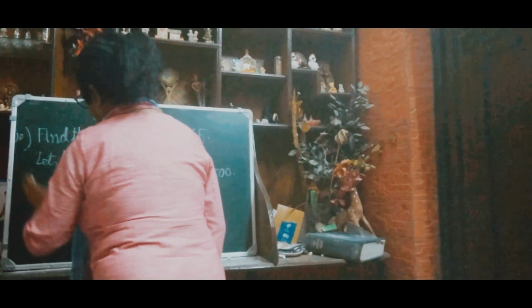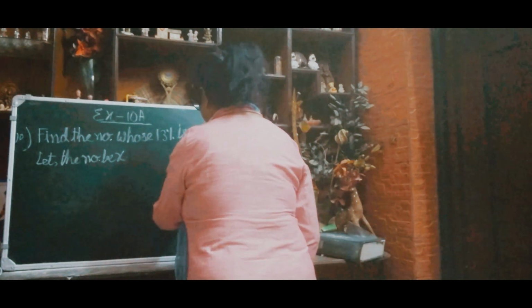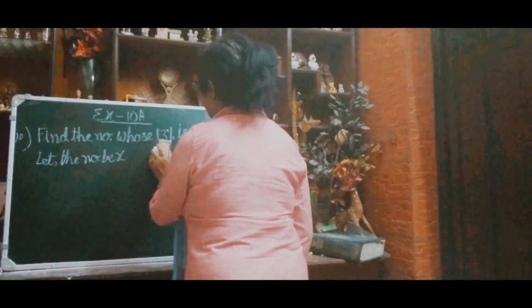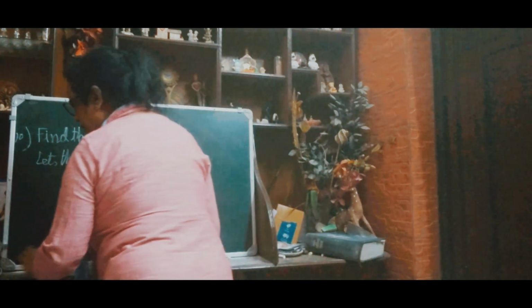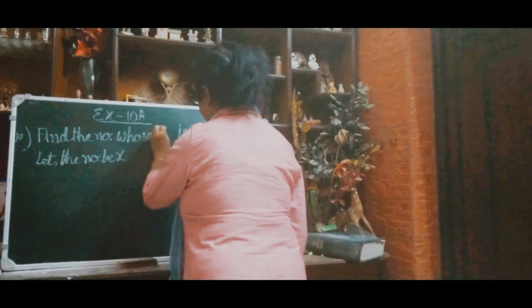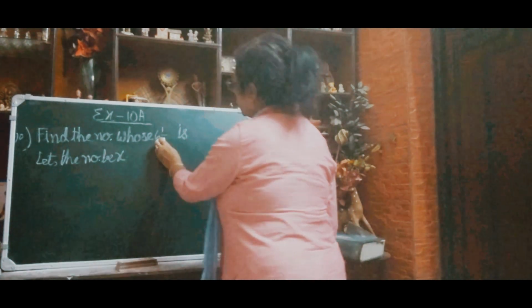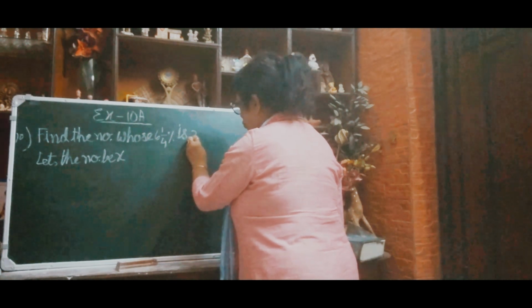Sum number 10 is the same type of sum, so I will not rub the lines again. I am just changing the numbers. Find the number whose 6 whole 1 by 4% is 2.